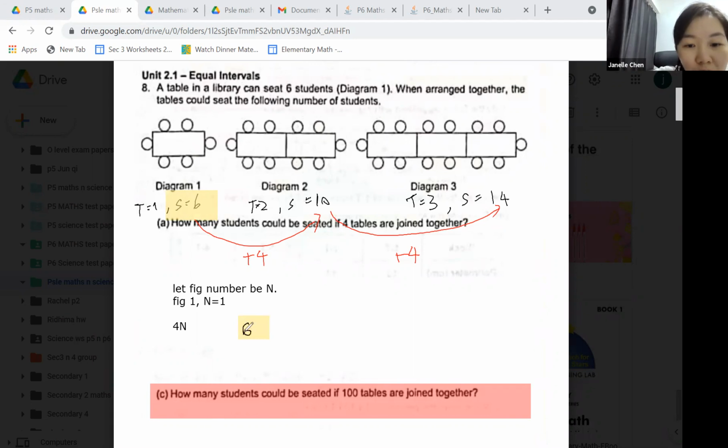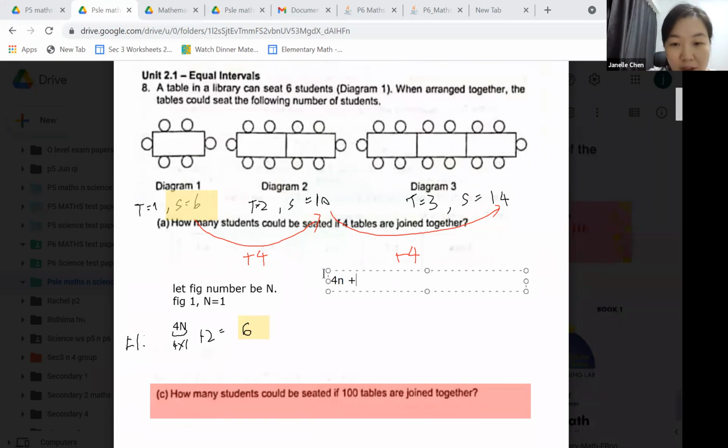What I need to know is that 4n actually just means 4, because 4 times 1 for figure 1 will give me 4 here, and then I need to plus 2, then I get 6. So my n term, basically, I will have 4n plus 2, that equals to 6.